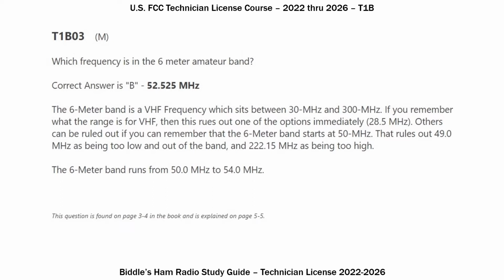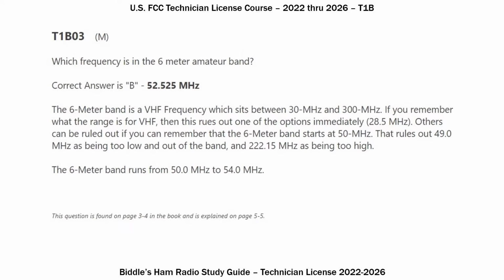If you remember what range the VHF is, this rules out one of the options immediately, which is 28.5 megahertz. That 28.5 megahertz happens to fall within the HF band. Others can be ruled out if you can remember that the 6 meter band starts at 50 megahertz.